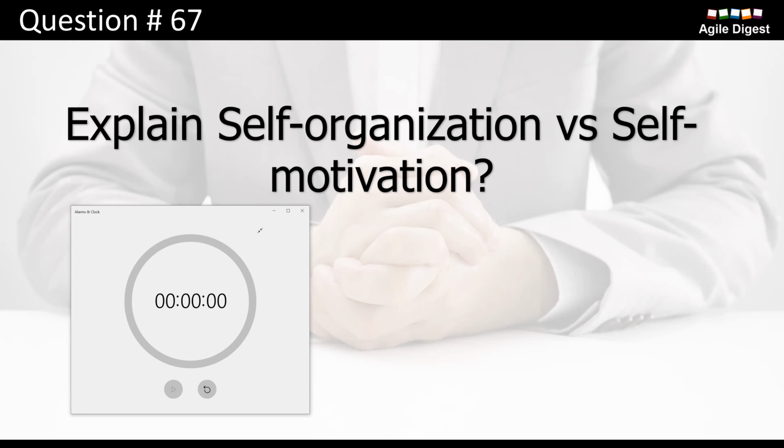And self-organization is a best practice when it comes to agile, where the person who is working on product development does not have to be told what needs to be done.